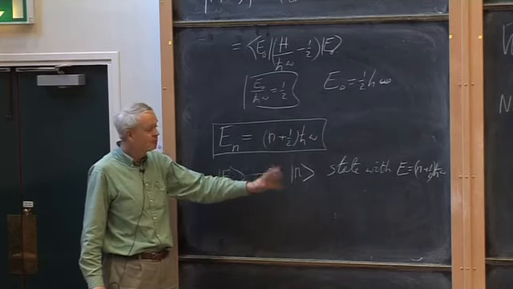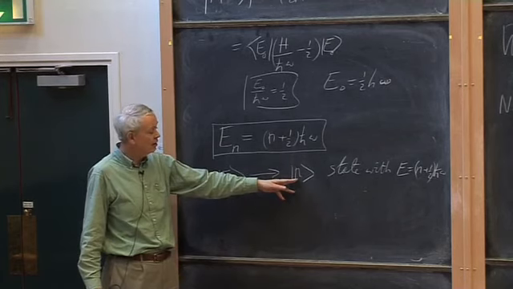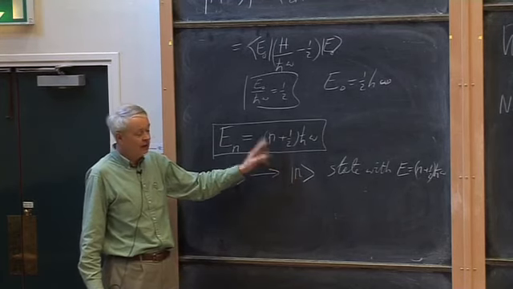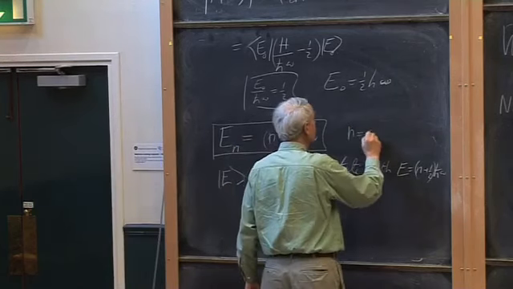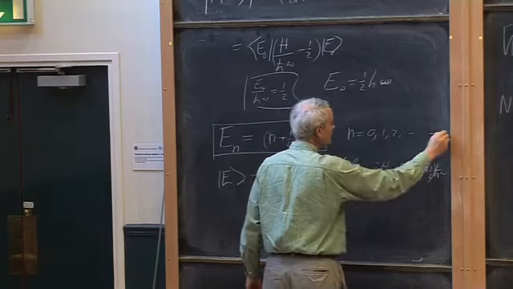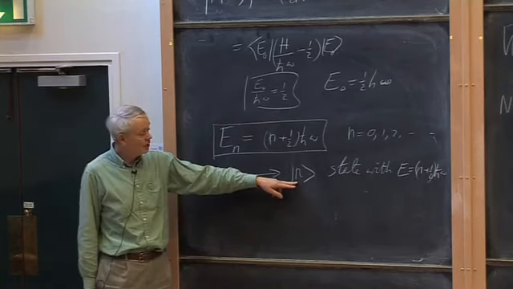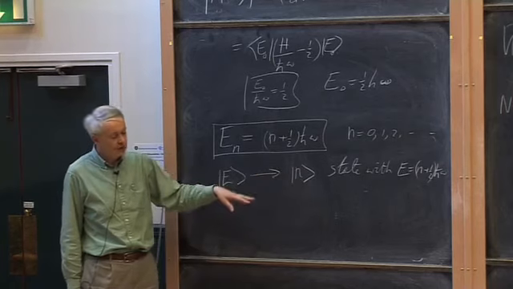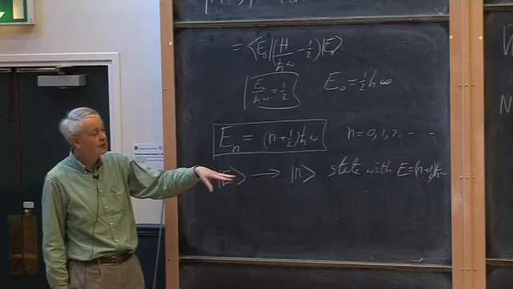It saves energy. Now we've discovered that the energies are labeled by an integer n, n equals 0, 1, 2, and so on. It makes sense to have a nice compact notation and to call our stationary states the state 0, the ground state, the state 1, the first excited state, the state 2, the second excited state.